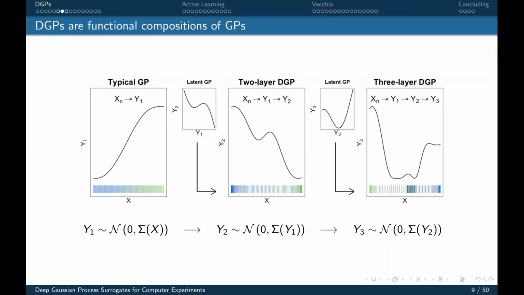A deep Gaussian process, or a two-layer deep Gaussian process, arises when you take those outputs from the first Gaussian process and stick them in as inputs into a second one. So here the inputs were X, but now the inputs are Y. I've chained or convolved these two Gaussian processes together by sticking the output of one in as the input to another.